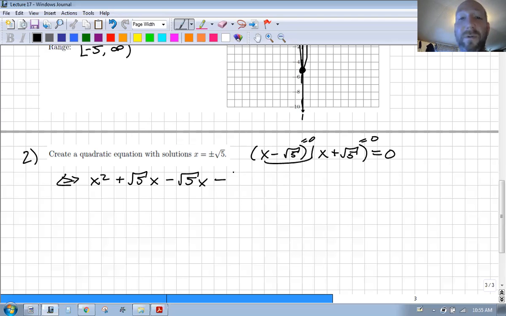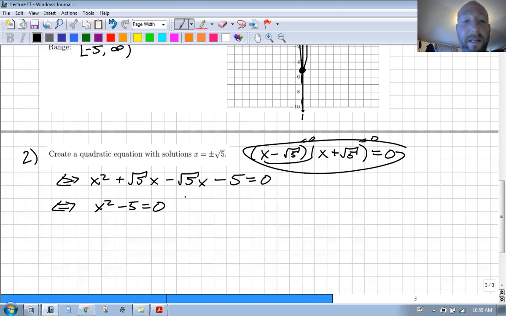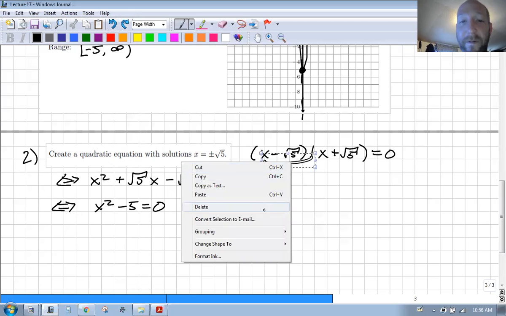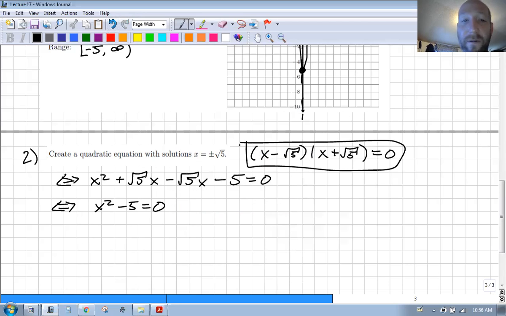Square root of 5 times the square root of 5 is 5. Or x squared minus 5 equals 0. Right? This is the exact same as this. So you can write it either which way you want. This will work, or this will work.